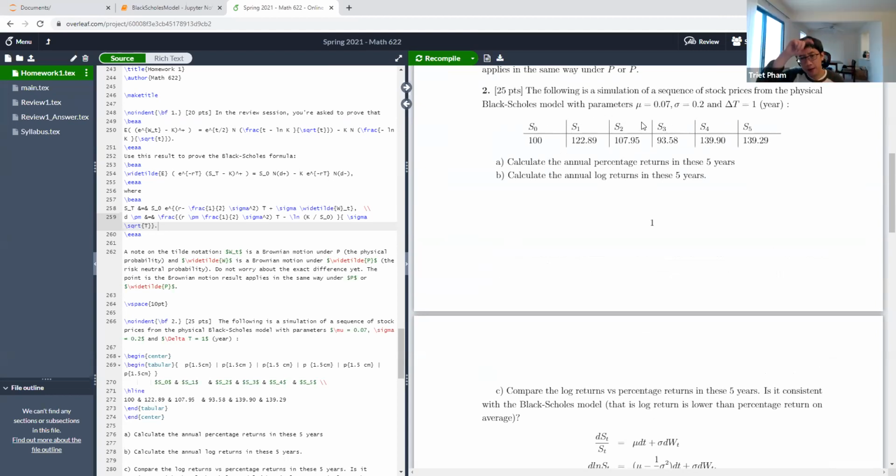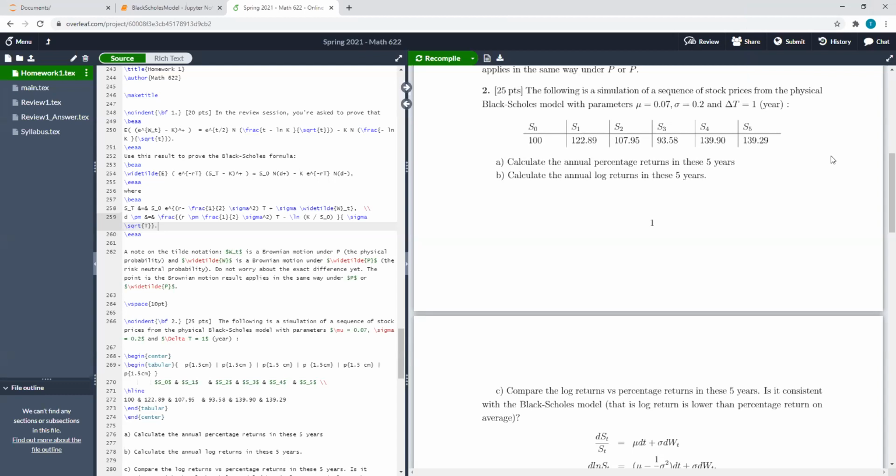So basically you get a sequence of random numbers, but those are supposed to represent the log returns and the percentage returns. So it just gives you an idea of how the log returns behave. For example, here you got a 22.89% return for the first year. Does that make sense? I see.